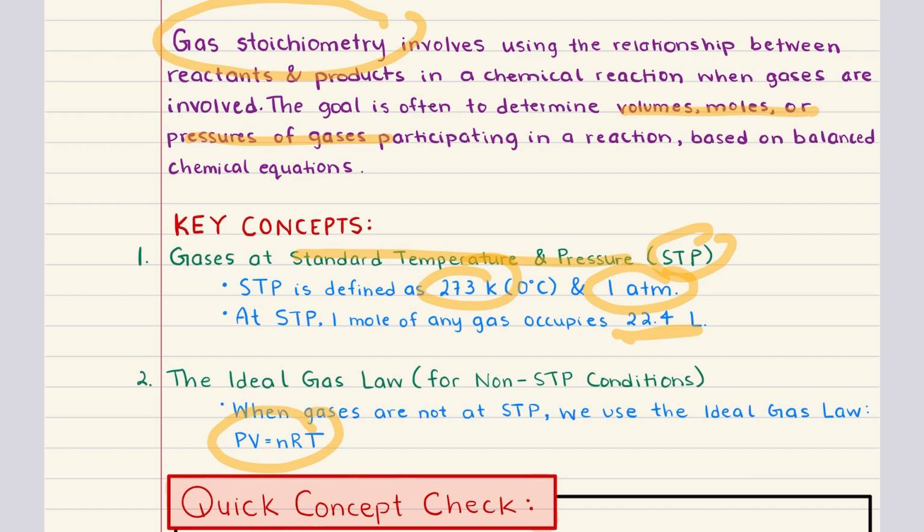P is pressure, V is volume, n is the number of moles of gas, R is the ideal gas constant, and T is the temperature in Kelvin. Like we mentioned in the previous lecture where we first introduced this equation, it's incredibly useful because it allows us to solve for any of these variables as long as we know the others.